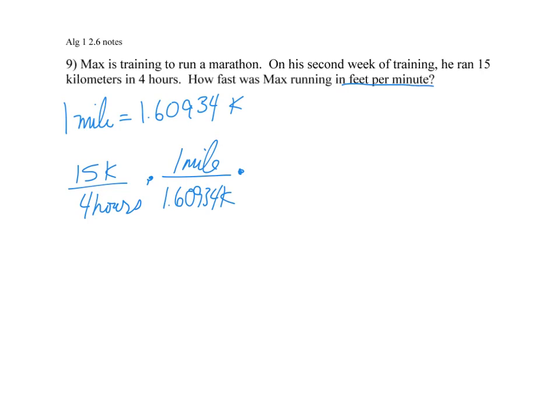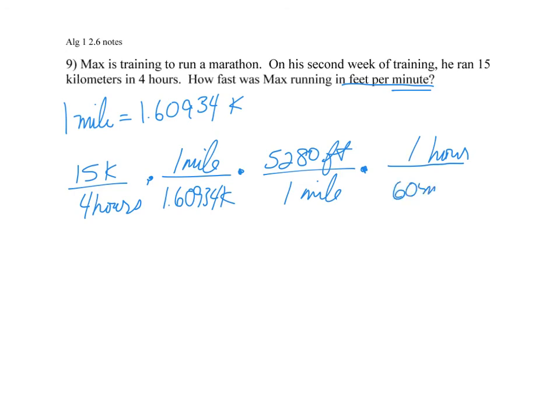So we're trying to get to the feet. So we know that we have 5,280 feet in 1 mile. That's going to cancel out our miles. And then now we want to get into the measure of time because we're trying to get down to a minute. All right, so I know that I'm going to want an hour in my numerator, and I'm going to need 60 minutes in my denominator.